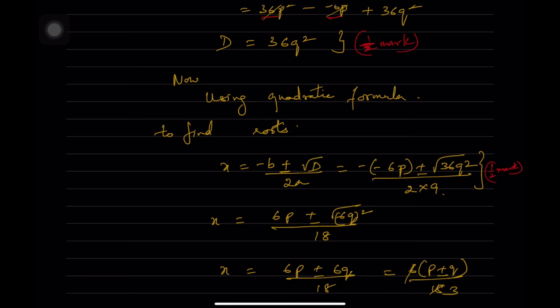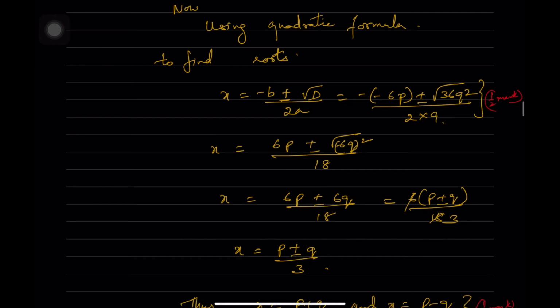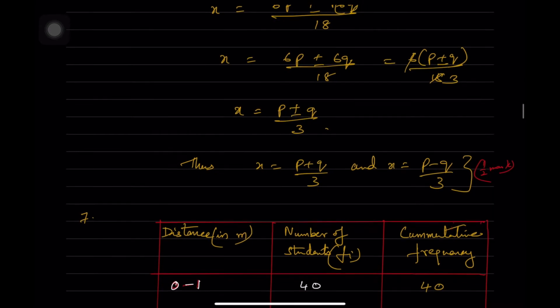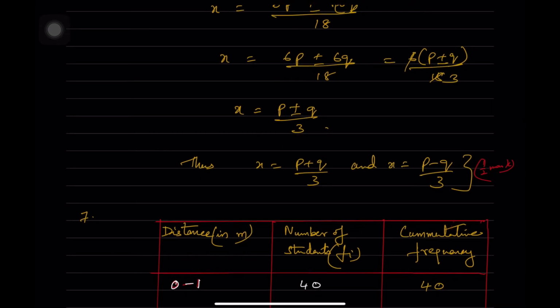Minus into minus gives positive 6p plus or minus root of 6q whole square by 18. So you can write it as 6p plus or minus 6q by 18. Remove 6 common: 6 ones are 6, 6 threes are 18, so you get x is equal to p plus or minus q by 3. Thus x is equal to p plus q by 3 and x is equal to p minus q by 3. For this we are having one more half mark.